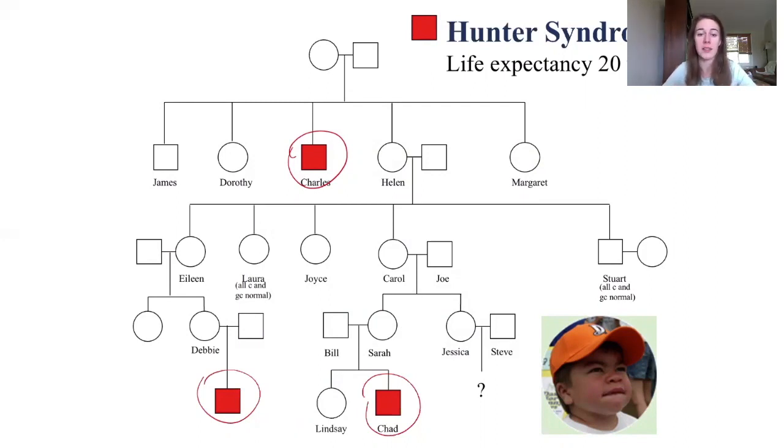But that also means that anybody in the ancestral history of a person with the disease is going to be a carrier. Otherwise, there's no way that they could have even got it. So all of these people that have direct ties are carriers for the disease. We know it's X-linked, so they have to be female. So all of these females in this pedigree are going to be carriers.